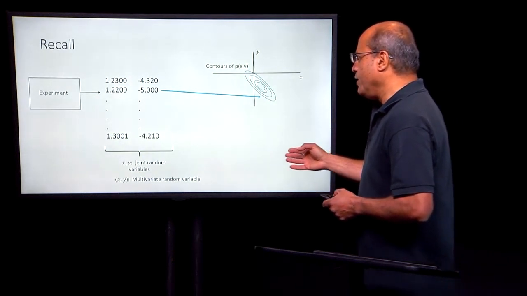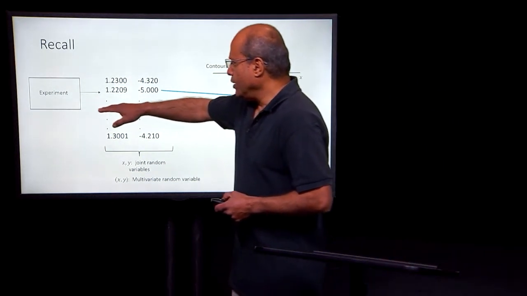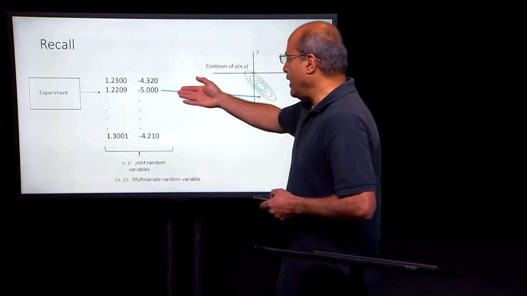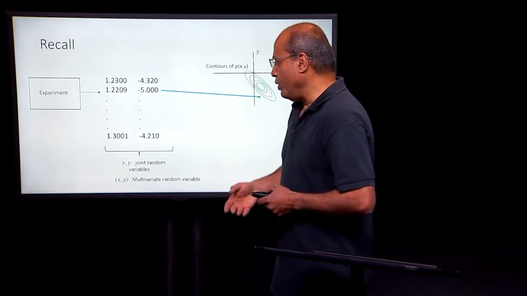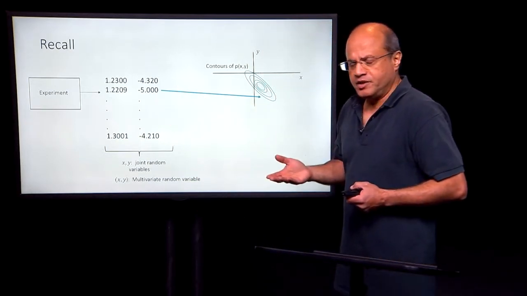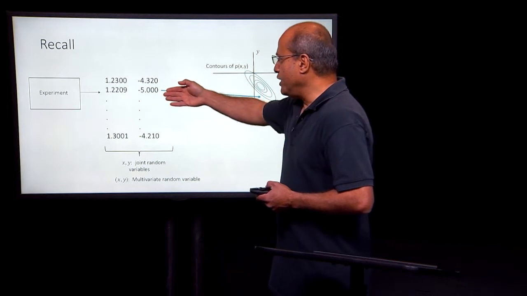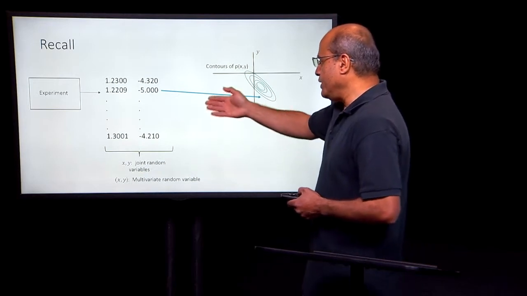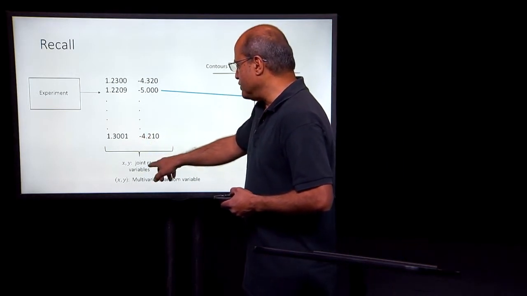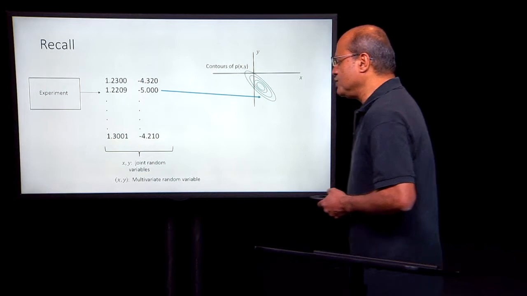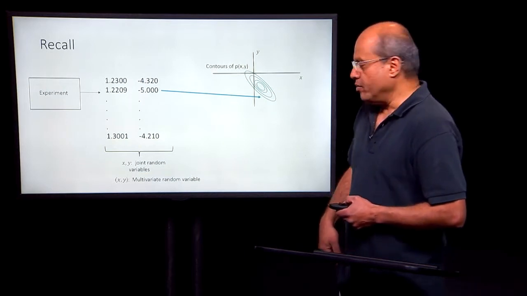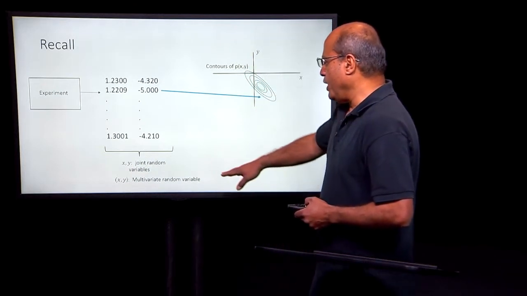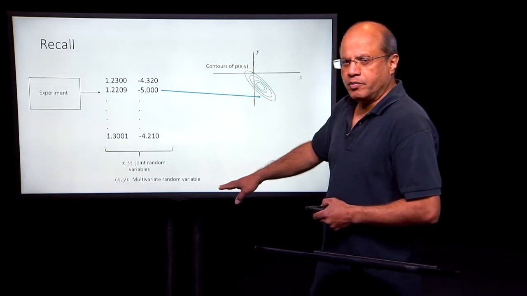So we defined random variables by saying that we have an experiment and we repeatedly perform the experiment. Each time we perform the experiment, we make a number of measurements. These measurements turn out to be not the same when you repeat the experiment. When that happens, we say that the measurements are described by joint random variables, one random variable per measurement. By the way, I want to introduce some new terminology as well.